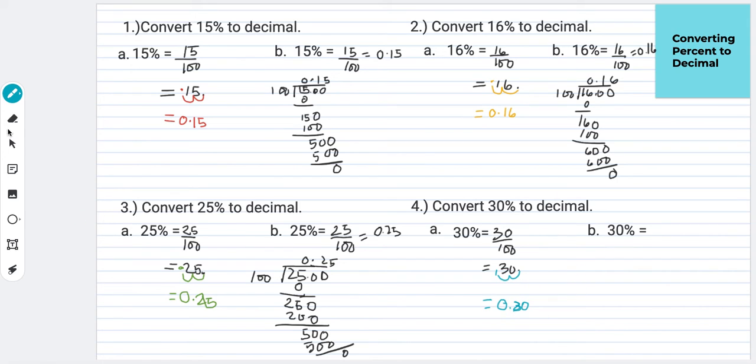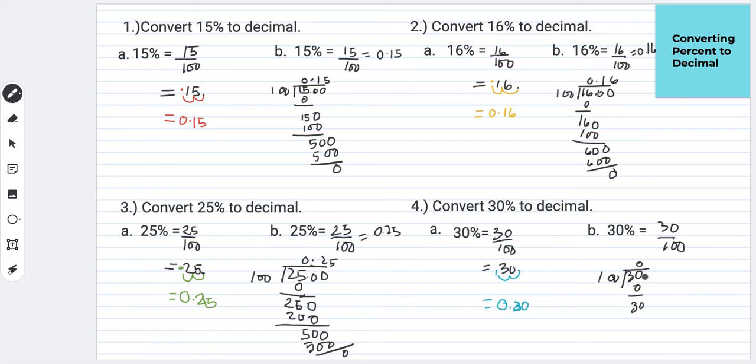And we have to do another strategy, that is 30 divided by 100. Using the long method of division, we have here 30 divided by 100. 30 divided by 100 cannot be, so that is 0, and subtract here. 30 minus 0 is 30.